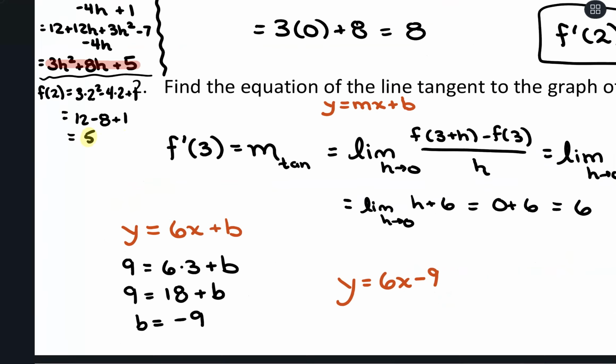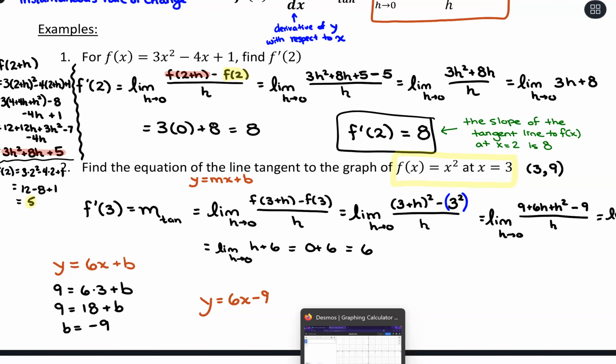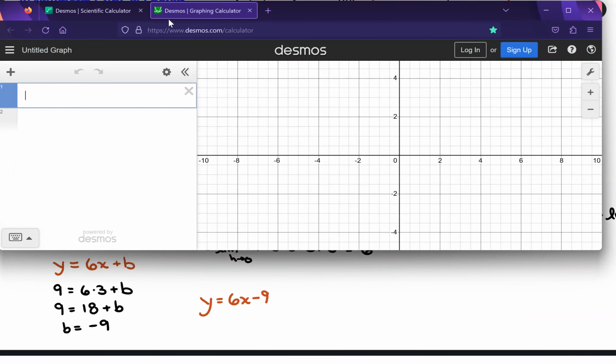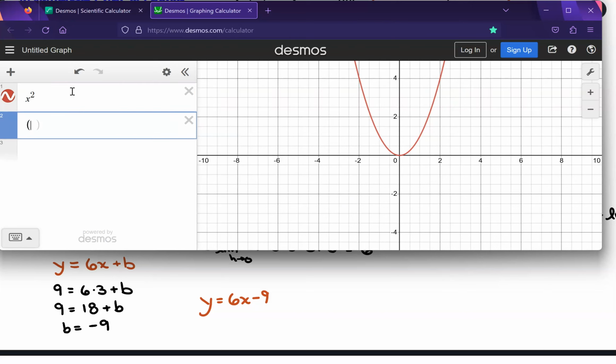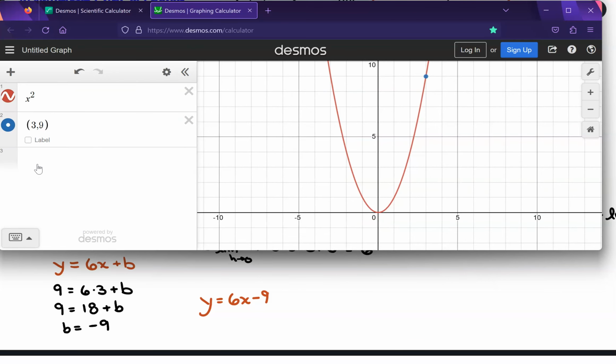Real quickly, I'm going to show you how we can check our answer using Desmos, especially for this equation of the tangent line, because it shows up pretty nice graphically. So if we graph x squared, and then for clarity, we could go ahead and show the coordinate (3, 9), so we could see where we're calculating the tangent line. And then we just found the tangent line 6x minus 9.